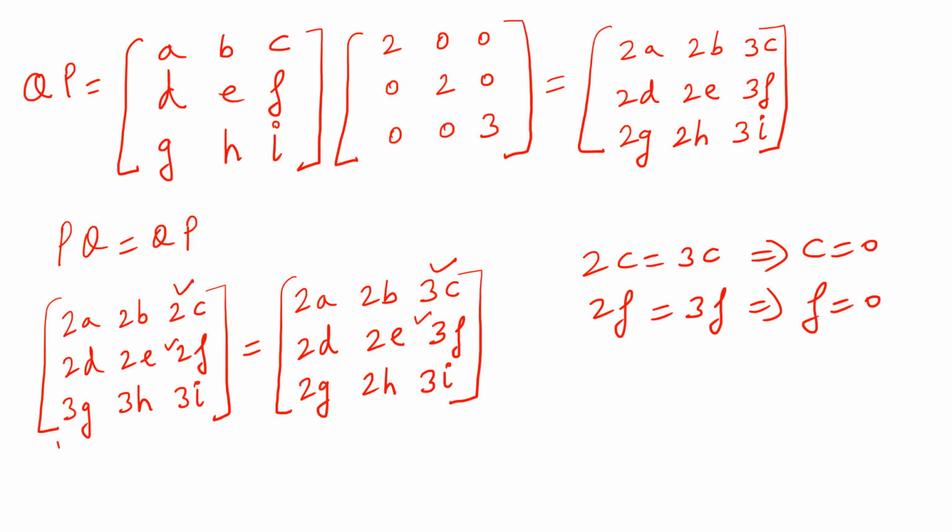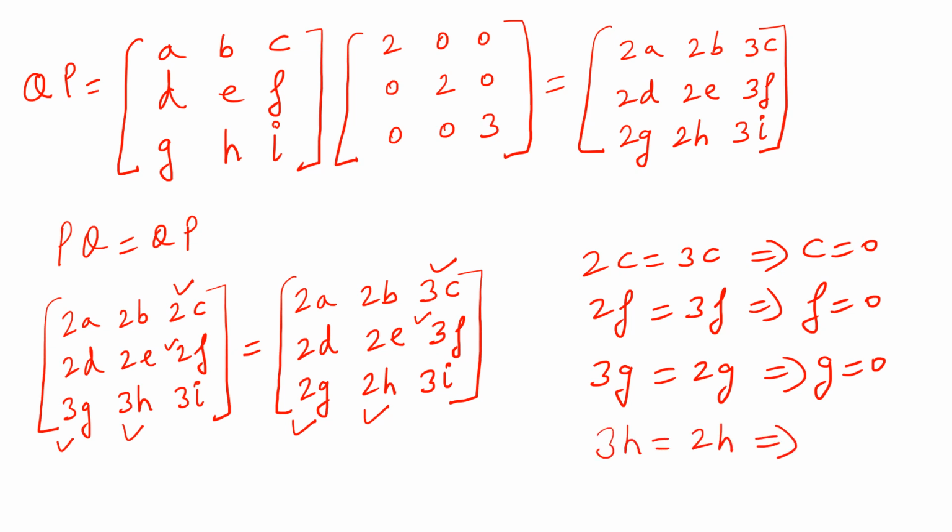Then I can put 3G equal to 2G. This means G equal to 0. And finally, I can put 3H equal to 2H. Now students, we have got the values of 4 of these constants, right? Now we move further.